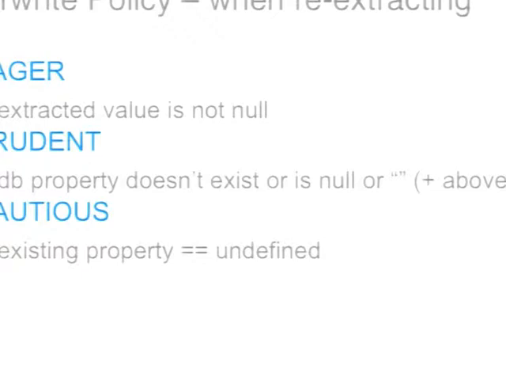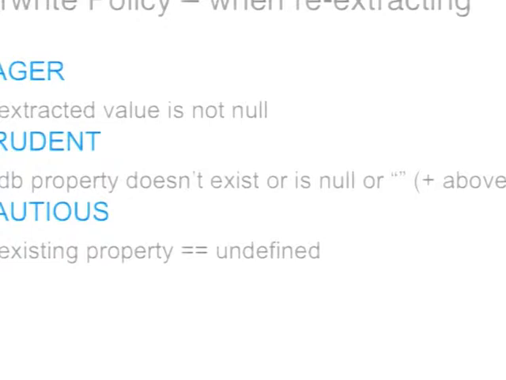A quick word on the overwrite policy. This only matters when you're re-extracting metadata for a second, third, fourth time, because then there may be values for your metadata already extracted and written into the Alfresco database tables. So what should Alfresco do if new values potentially collide with those existing values? So the first policy is eager.